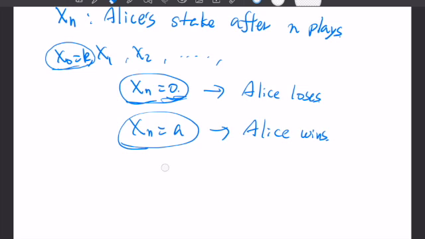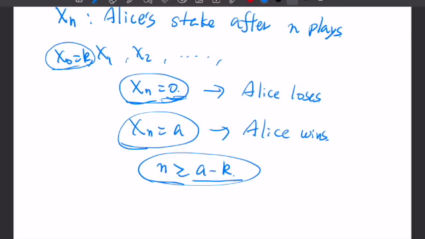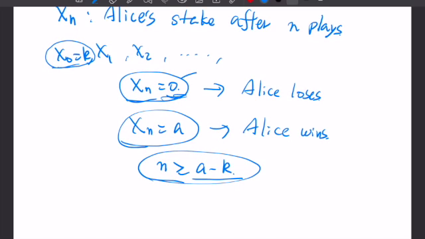And we should note that at each play, Alice can win at most $1. So n should be greater than or equal to a minus k, which is the amount of dollars Bob has initially. Of course, if Alice loses, n should be greater than or equal to k, because at each play, Alice can lose at most $1.